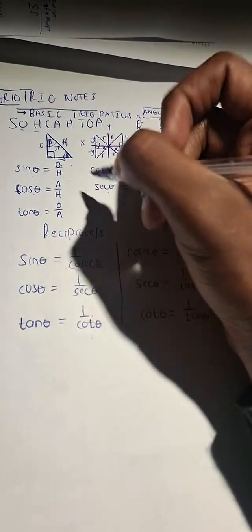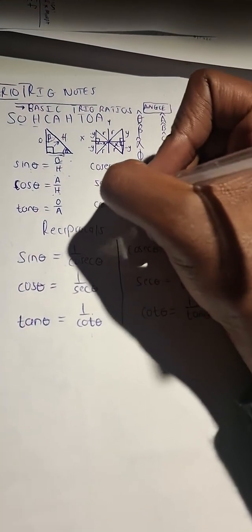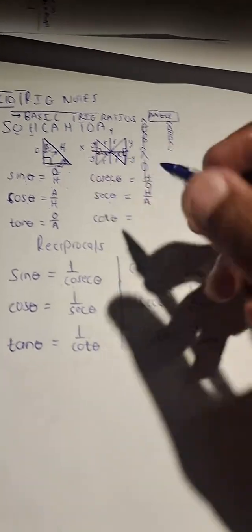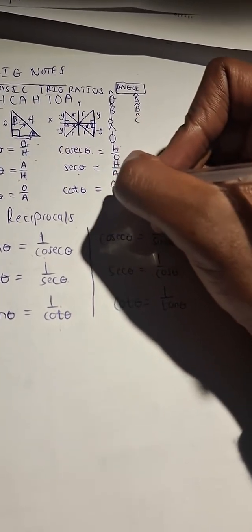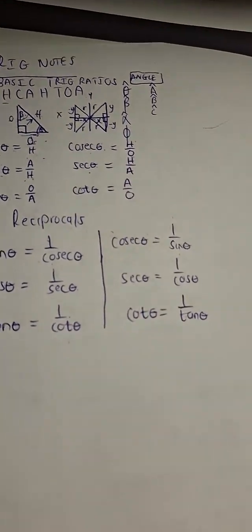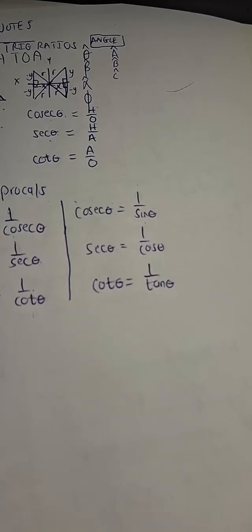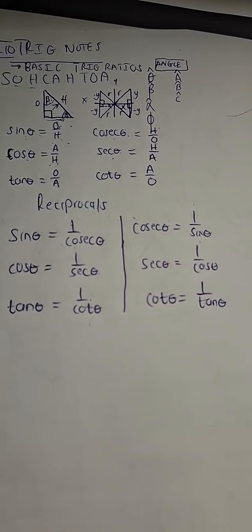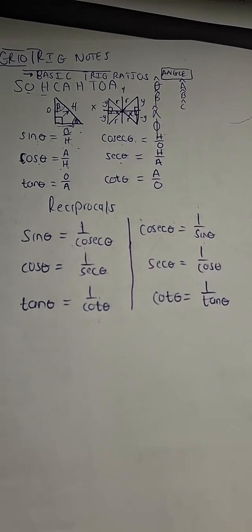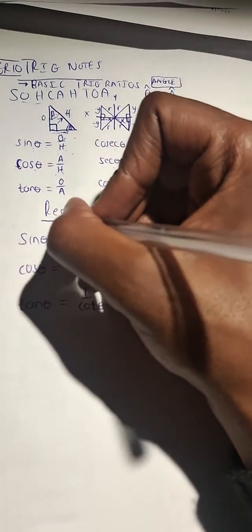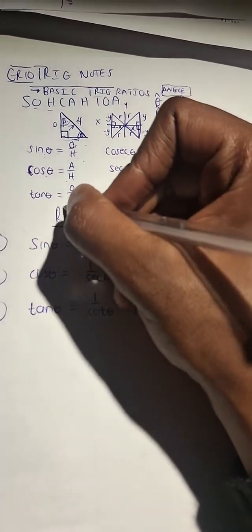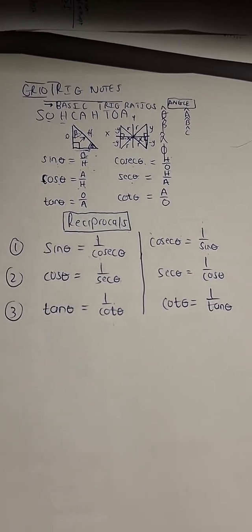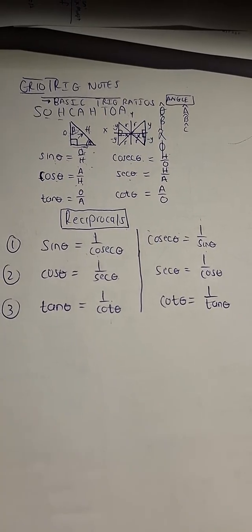So we just forgot to say that cot theta can be written as, if tan theta is opposite over adjacent, then cot theta is adjacent over opposite. Very important, this thing here. Very, very important.